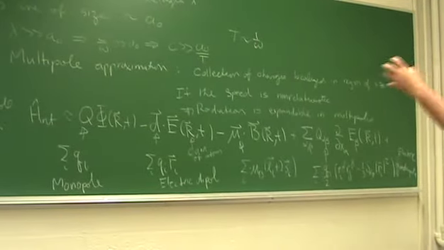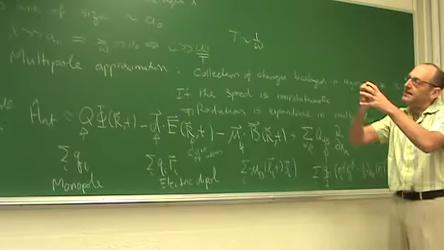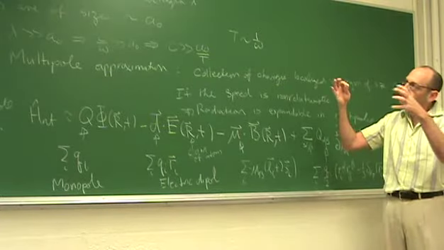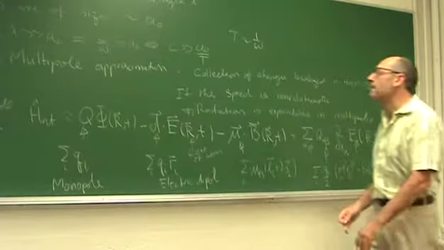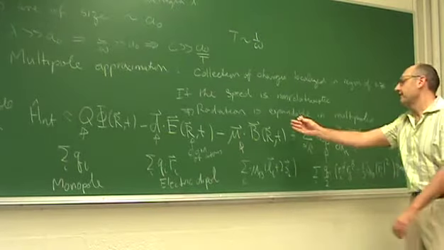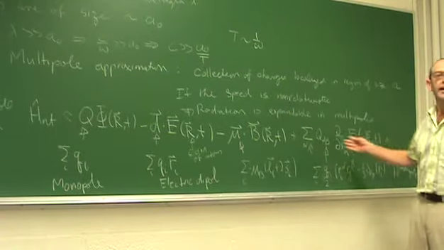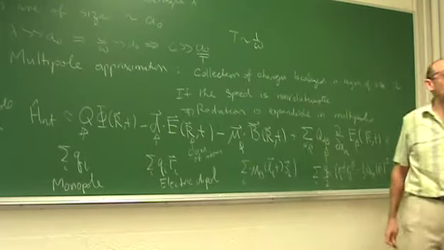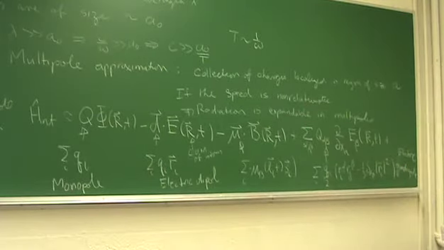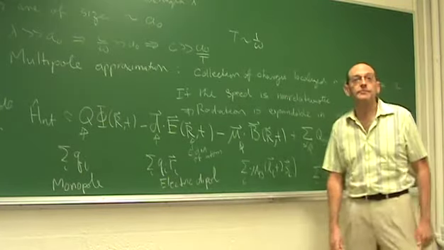So under the assumption that the distribution of charges is small compared to lambda, I can expand about that center of mass, and then I end up with the familiar dipole expansion or multipole expansion for the interaction of fields and charges.